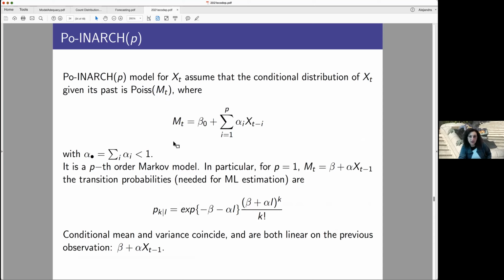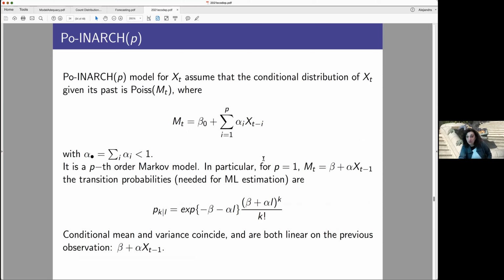And okay, we have to put certain restrictions: the sum of the alphas has to be smaller than 1. This is a pth order Markov model. A model like this is usually called a linear Poisson autoregression, okay?